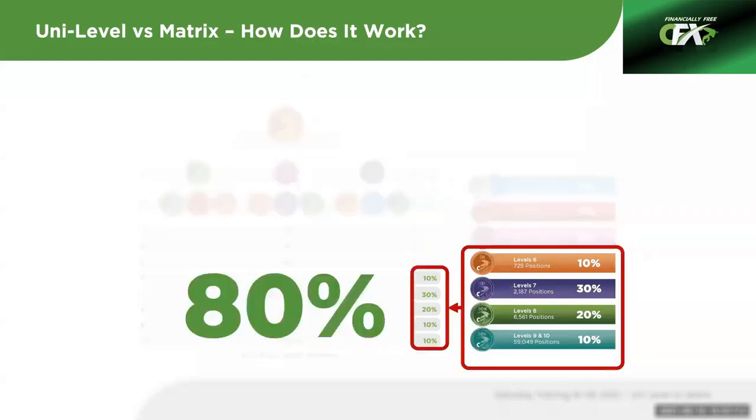Sorry, I missed the other level off. It is 80%. So you get 10%, 30%, 20%, 10%, 10%. It's 80%. So how fast do you want to get on a 30K pack? That's my question.